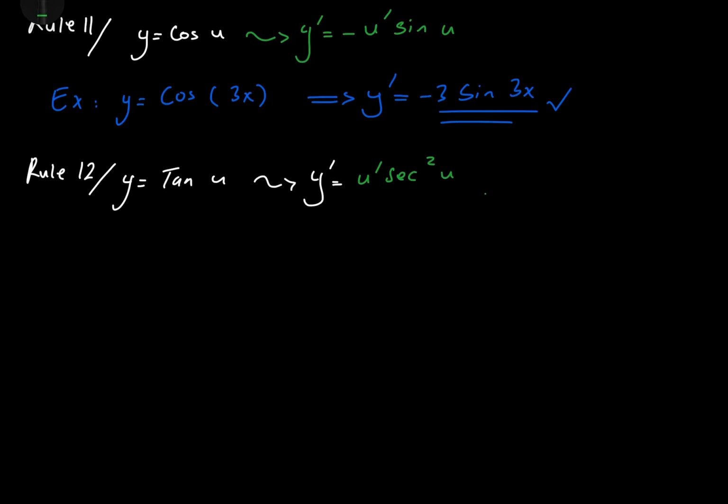Or you could also write it as u prime times 1 plus tangent squared u. Or you could also write it as u prime times 1 over cosine squared of u, because all of these ways of writing are possible because of the trigonometric formulas we've learned before in our trigonometry courses.